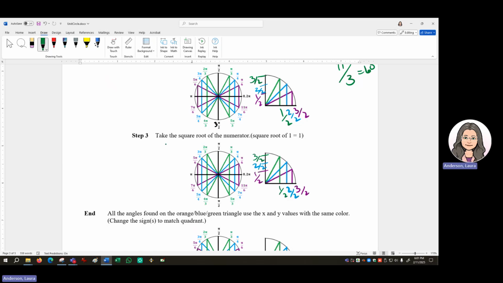And then the last step is we're going to take the square root of the numerator. Square root, square root.